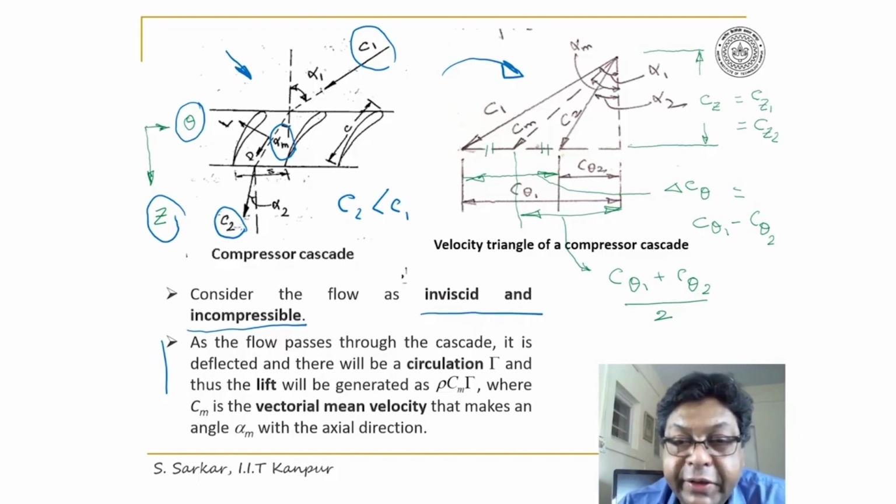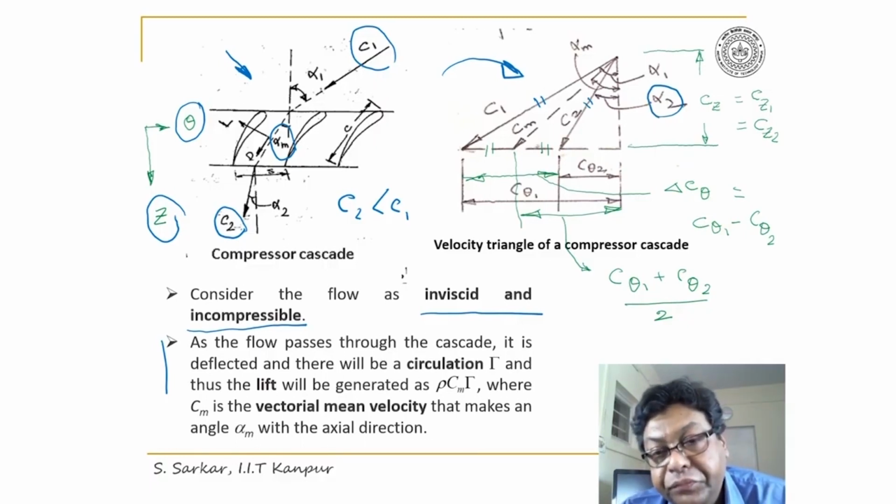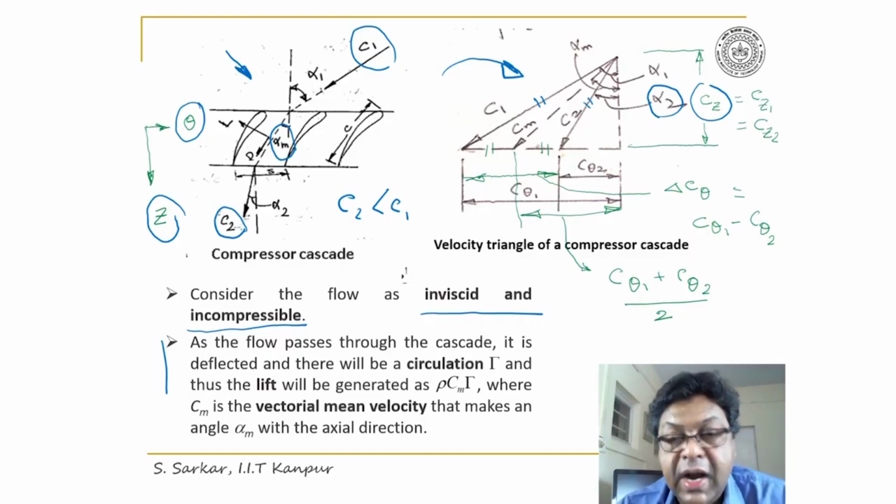Here I have indicated C1 that makes an angle alpha 1 with the z-axis, C2 that makes an angle alpha 2 with the z-axis, and look, CZ is the axial component of C1, and CZ would remain constant as it is related to the mass flow rate through the cascade.